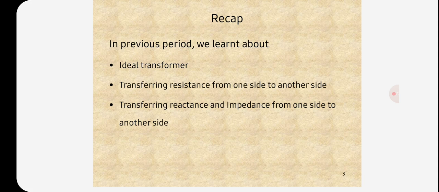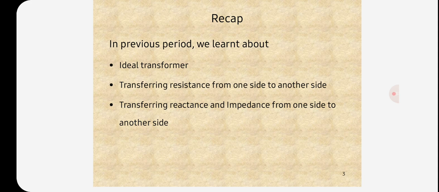The self-induced EMF E1 is at every instant equal to and in opposition to V1, and hence is known as back EMF or counter EMF. The secondary mutually induced EMF E2 is in antiphase with V1. Both EMFs E1 and E2 lag behind the flux by an angle of 90 degrees.